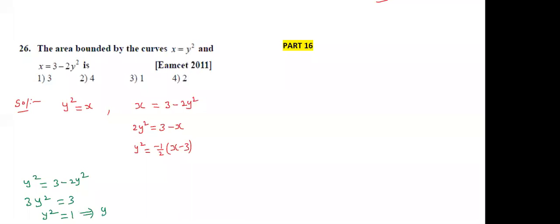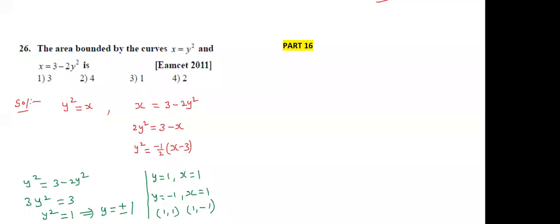Y is equal to plus or minus 1. If y is equal to 1, x also 1. If y is equal to minus 1, x is 1 only. So finally we got 2 points of intersection. One is 1 comma 1. Another one is 1 comma minus 1.